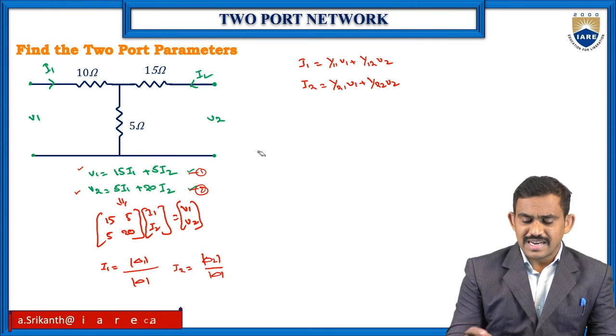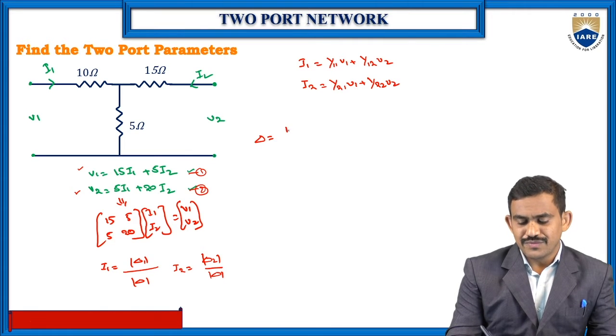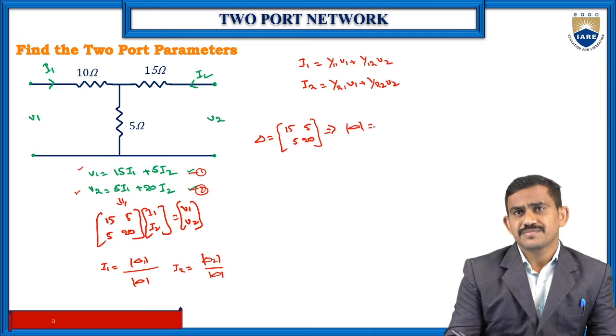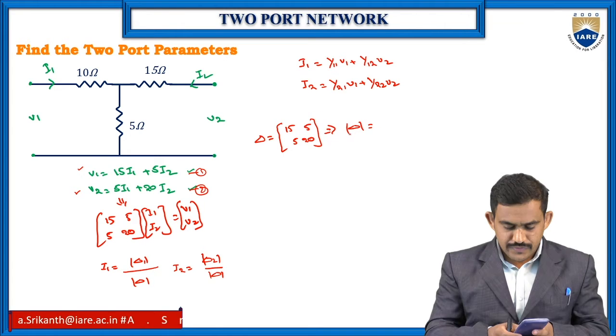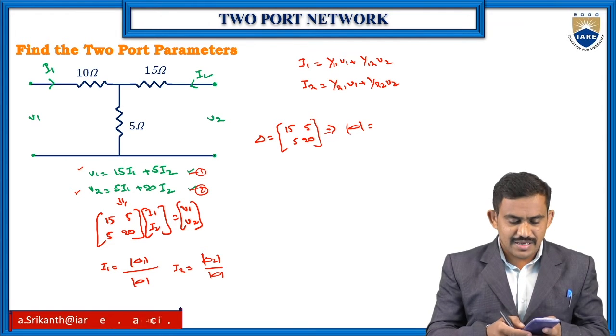So first I will go to the delta value. Delta is your main matrix: 15, 5, 5 and 20. So cross multiply: 15 into 20 minus 5 into 5.